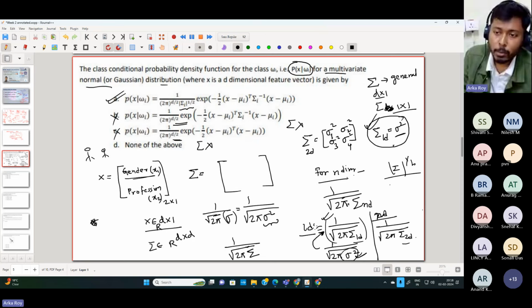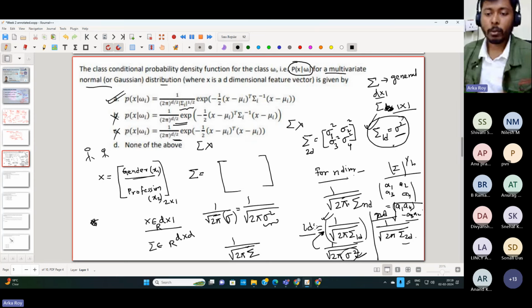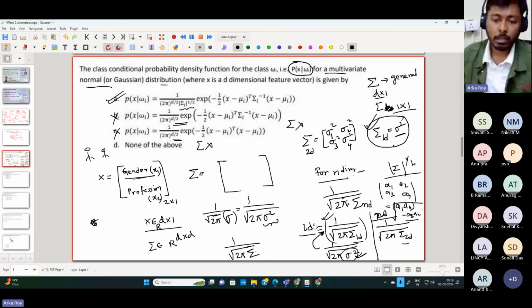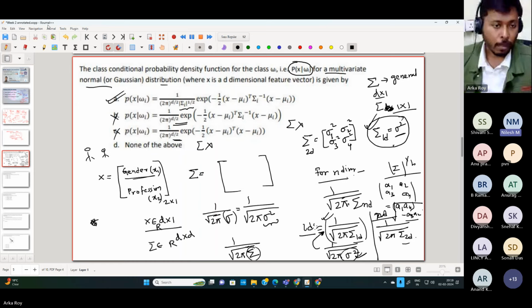The determinant will give you a scalar. For example, for a1, a2, a3, a4, you take the determinant, and what will happen? a1 into a4 minus a3 into a2, and then you can take the root of it. So in the one-dimensional case, it seems to be sigma square, but it is sigma only. I think this answers the question. Understood, sir. Thank you very much.